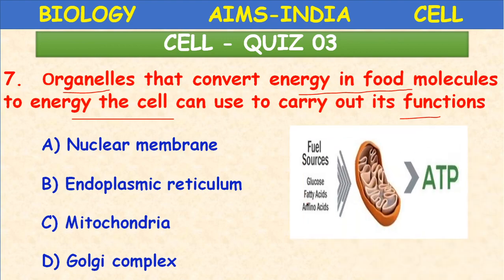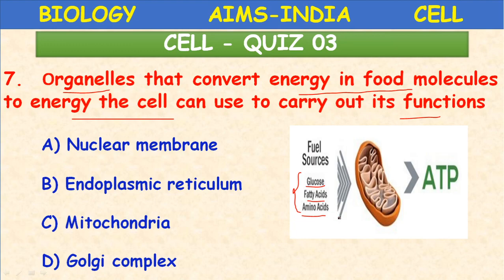Yes, a clue is given here. The fuel sources like glucose, fatty acids, amino acids, these are all the food materials. After digestion, they are carried to the cells. That process is called assimilation, means utilization of the digested food materials for metabolic activities is called assimilation.